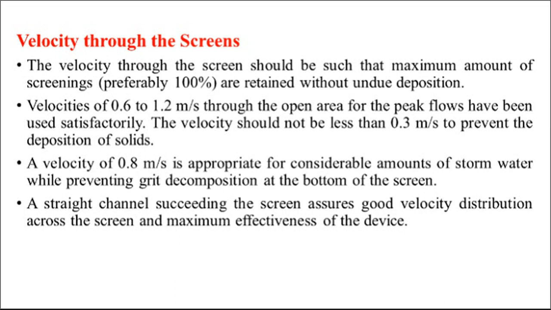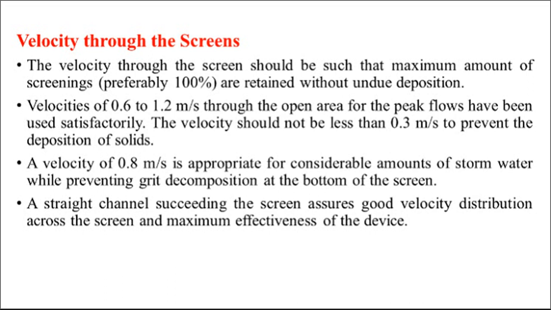Second point, velocities of 0.6 to 1.2 meter per second through the open area for the peak flow have been used satisfactorily. The velocity should not be less than 0.3 meter per second to prevent the deposition of different types of solids at the bottom of the screen chamber.